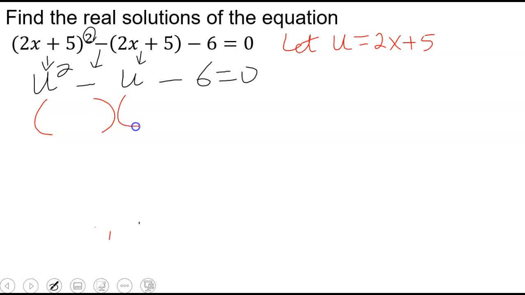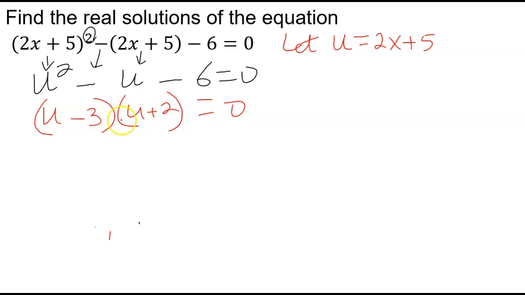So let's do that for u. So what can we multiply and get negative 6, and we add it and get negative 1? So that would be negative 3 and positive 2. So negative 3 times 2 is negative 6. Negative 3 plus 2 is negative 1.